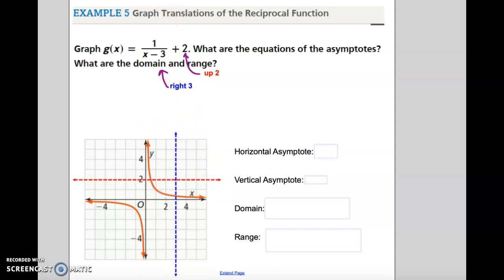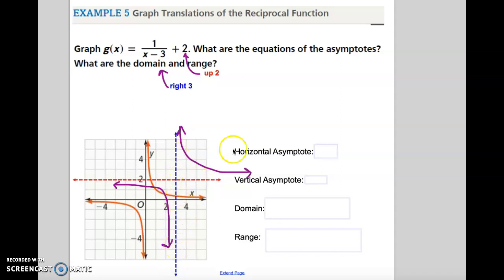Okay, and now I can draw my new g of x function, and I just draw those graphs. It's a rough sketch in the same parts of those asymptotes that the parent function is in. Notice now we can cross the x and y axis, but I can't cross my dotted lines. That's what represents the asymptotes.